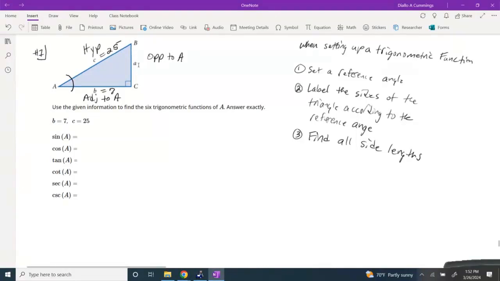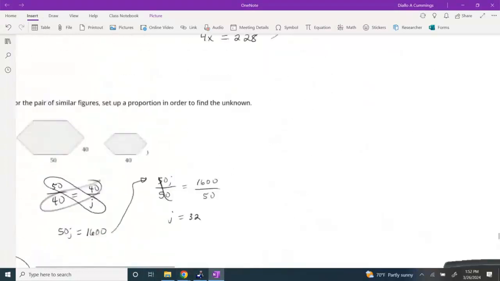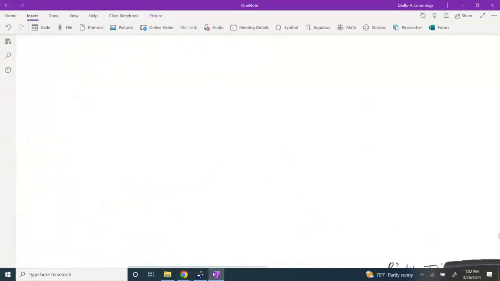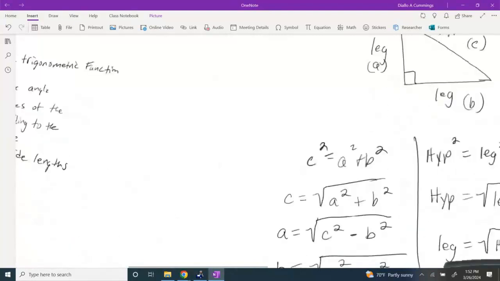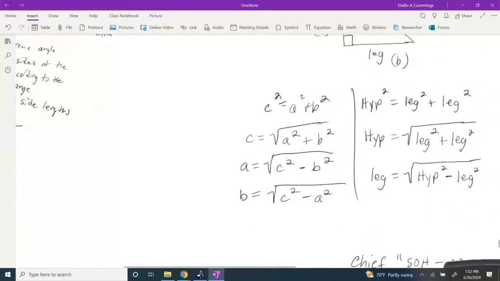How would I find side length A? So in order to find A, I'm going to go back to the formulas right here. And we had a formula for that, right?